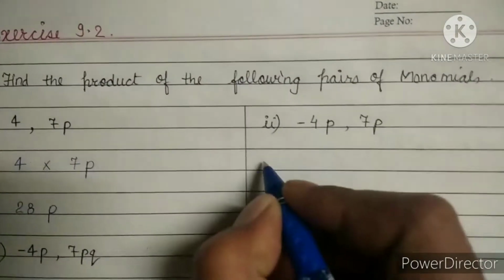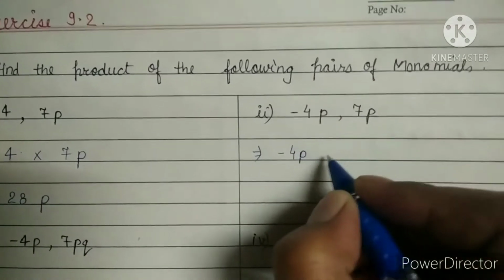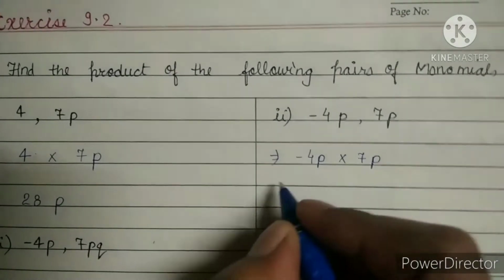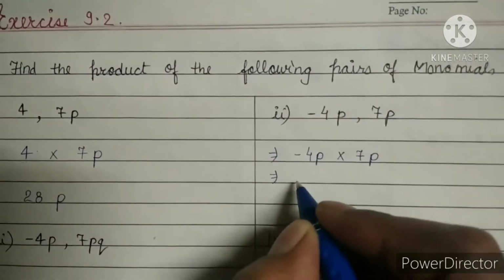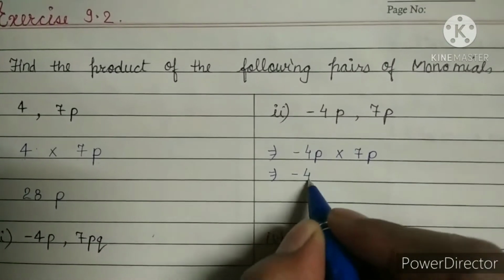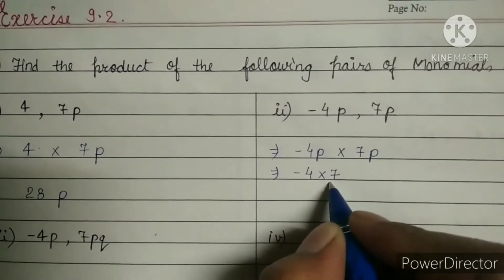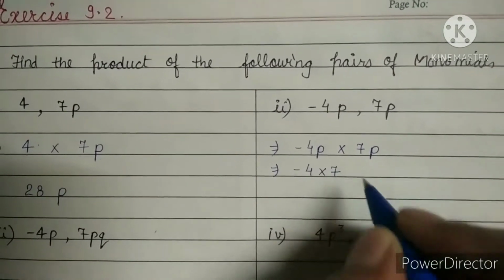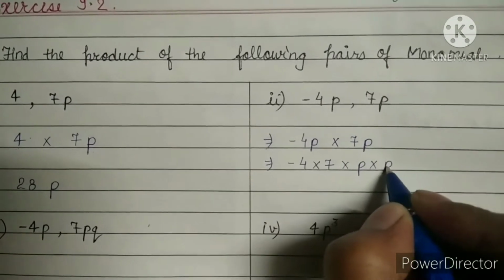Second one, we have to multiply minus 4p by 7p. In this question the numerical coefficients are -4 and 7. The coefficients will multiply with each other, and the remaining term is p into p.